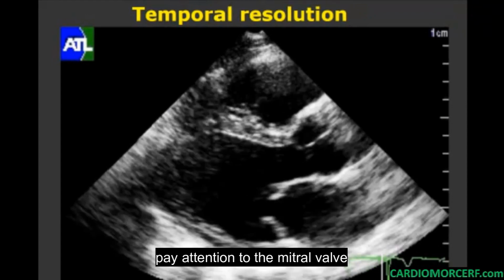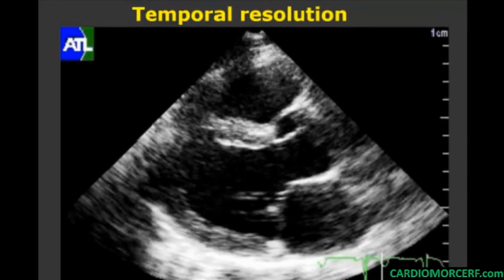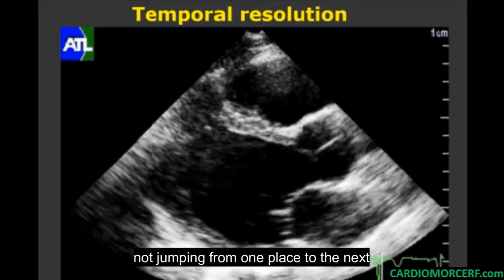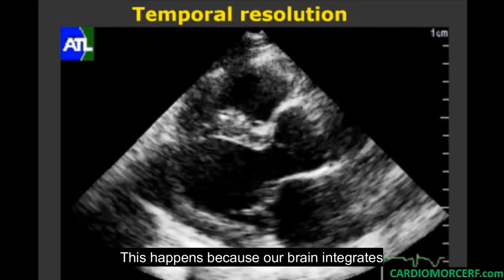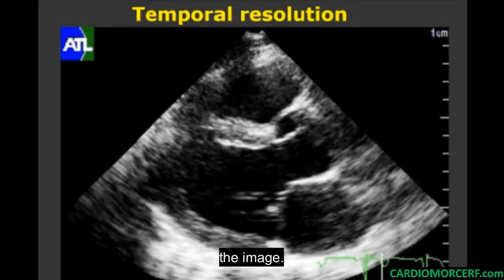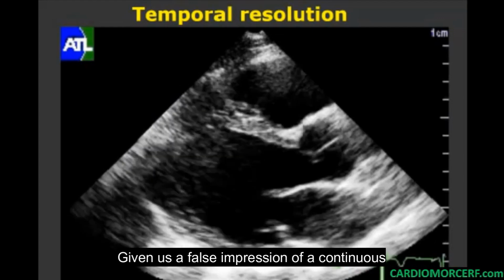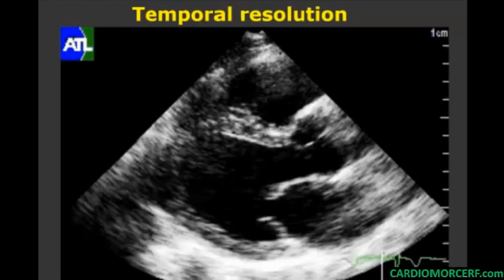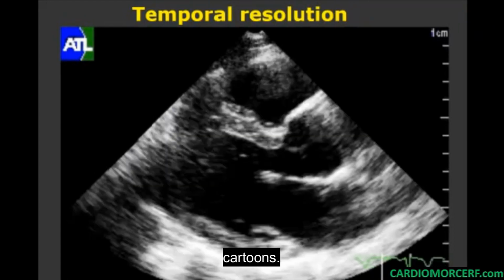Pay attention to the mitral valve. It looks like it is moving continuously, not jumping from one place to the next. This happened because our brain integrates the image, giving us a false impression of a continuous movement. It is just like the movement seen in cartoons.